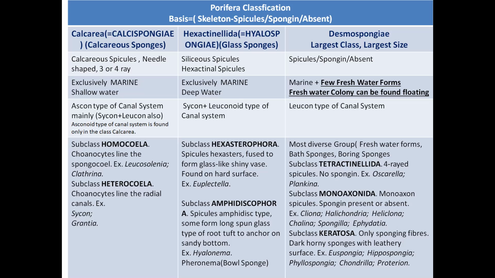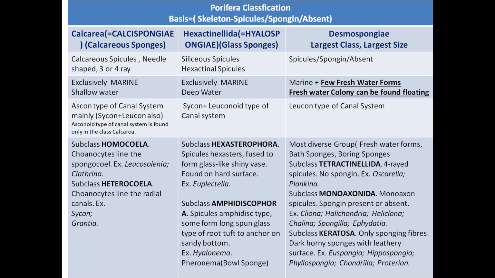In Calcarea, they are exclusively marine. Hexactinellida are again exclusively marine. But Calcarea are found in shallow water, and Hexactinellida, though marine, are found in deep water. The question asked in exams is, which sponges are found in fresh water?